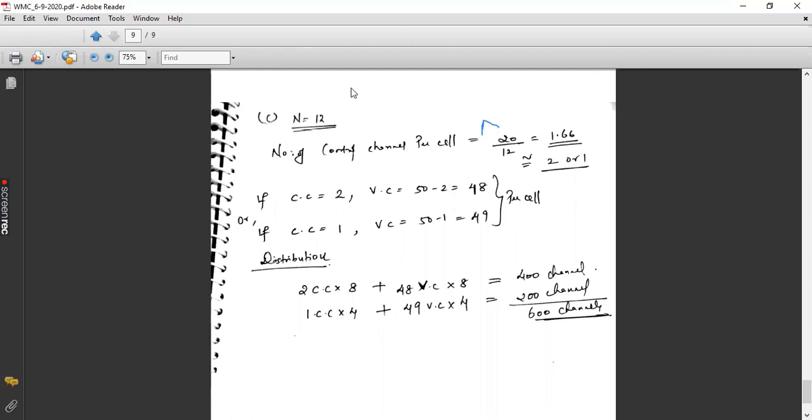That's not mentioned here. You can put that the total number of channels allocated per system is 600 by 12. Can you calculate 600 by 12 and tell me the answer? It is a perfect figure, isn't it? 50, a whole number.